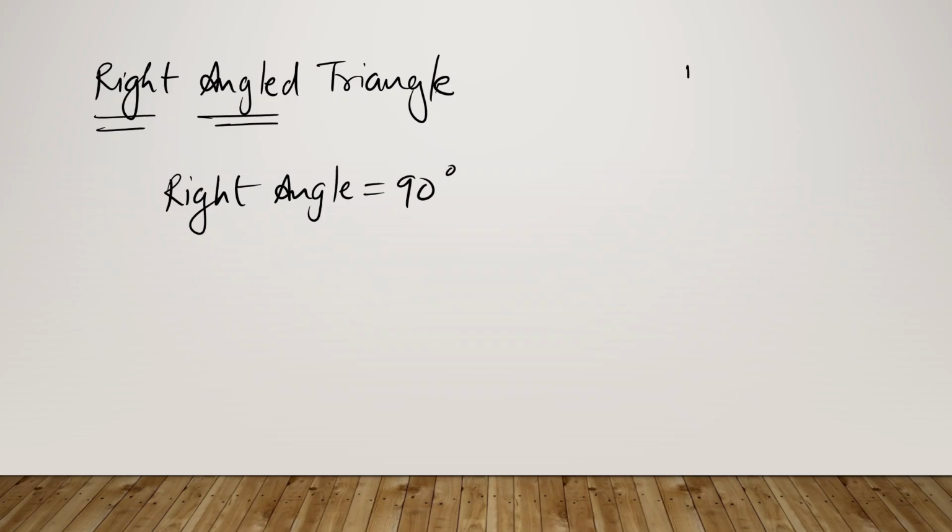Whenever we draw a triangle, let us say this is the triangle, and if we name it P, Q, and R, this angle Q is 90 degrees, and this defines that triangle PQR is a right angle triangle.